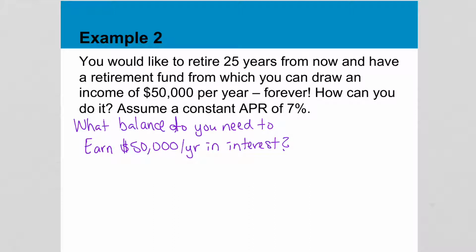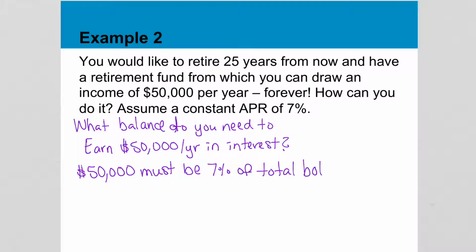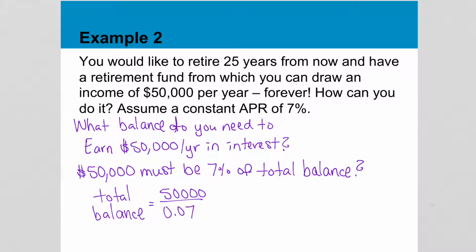So if you're getting that in interest, then $50,000 must be 7% of your total balance. So the total balance would be 50,000 divided by 7%, or 0.07.